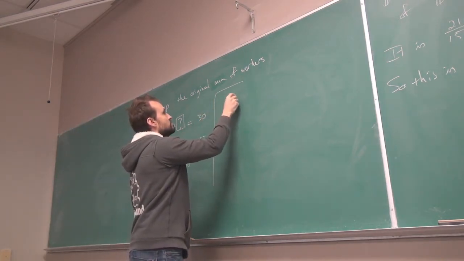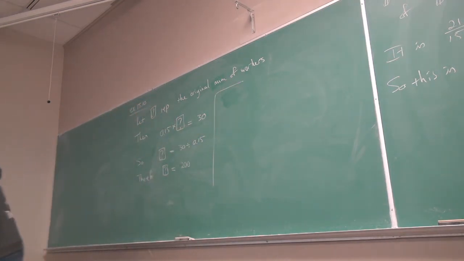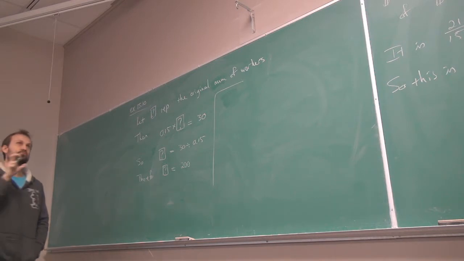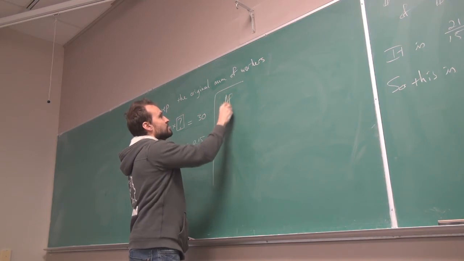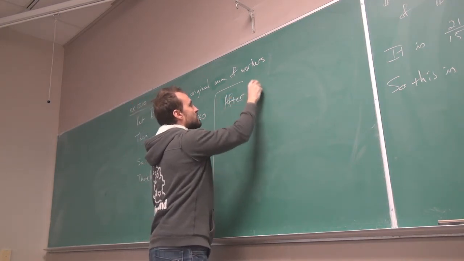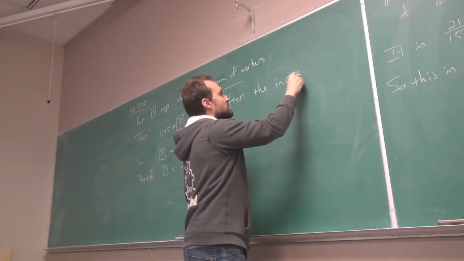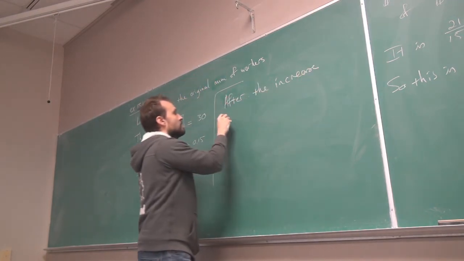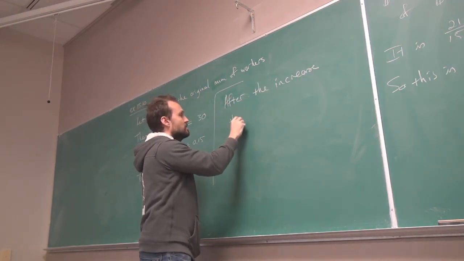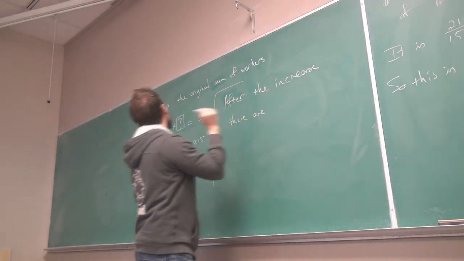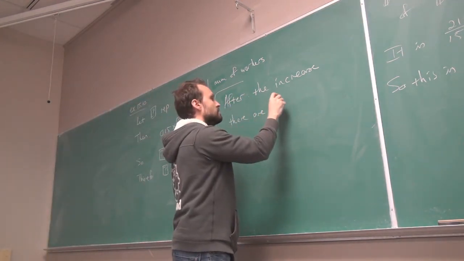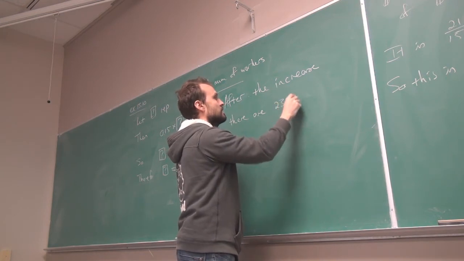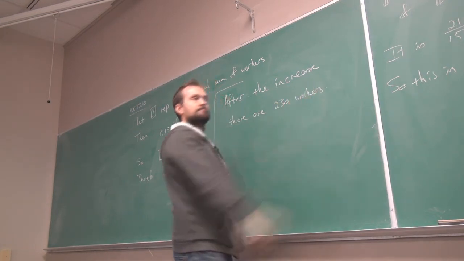So, what now? Check the question. How many workers will be in the workforce after the increase? So I want to really answer that question. So after the increase, there are how many workers? 230. 230 workers.